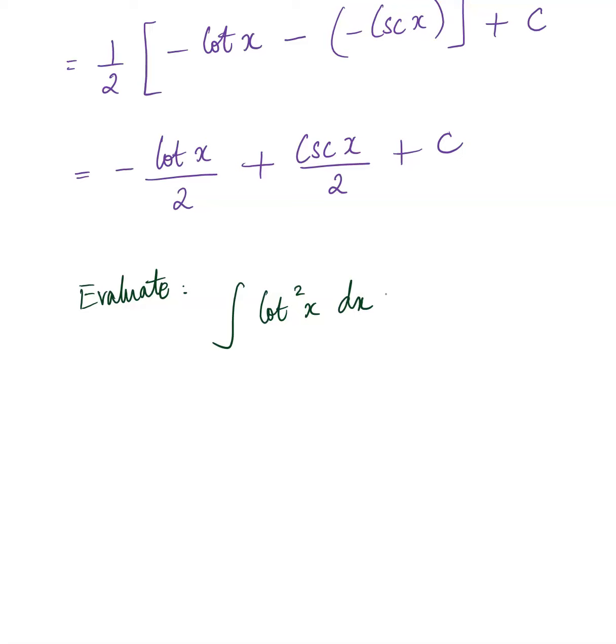The list of formulas actually has nothing for cotangent. We have secant squared, cosecant squared, secant kx tan kx, cosecant kx cotangent kx, but we don't have anything for cotangent, let alone cotangent squared x.